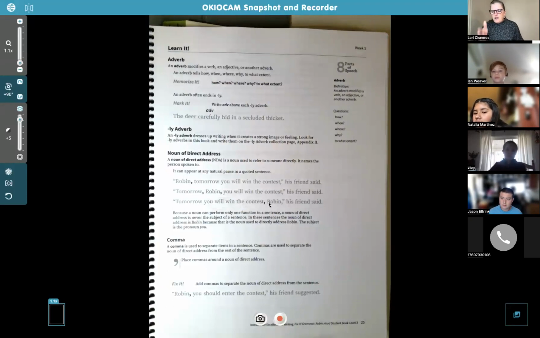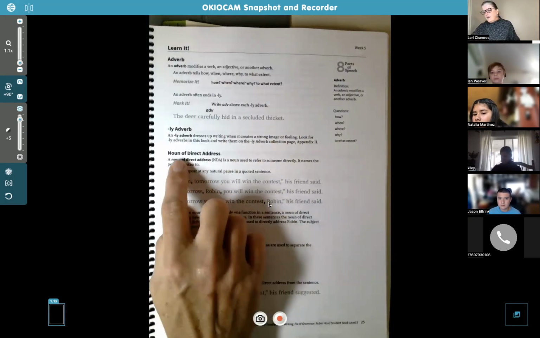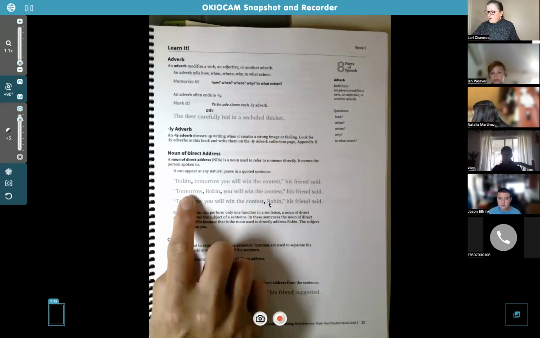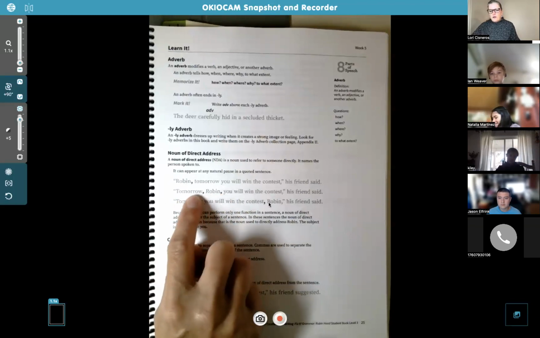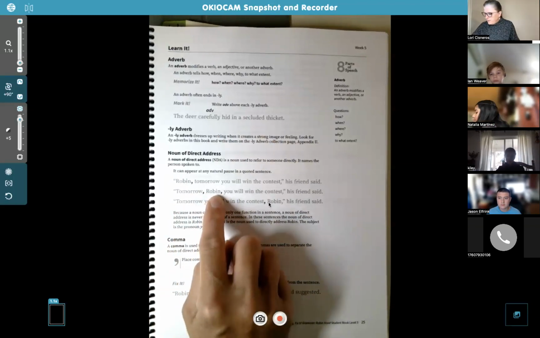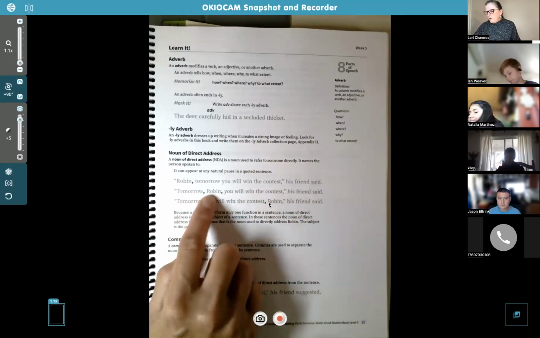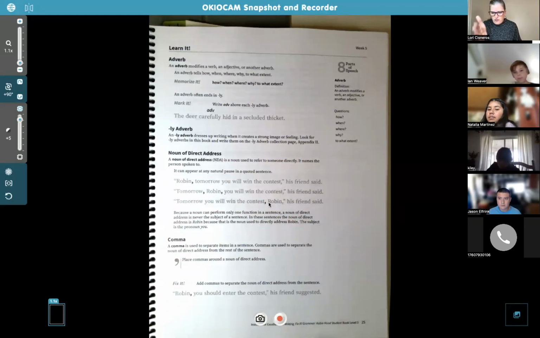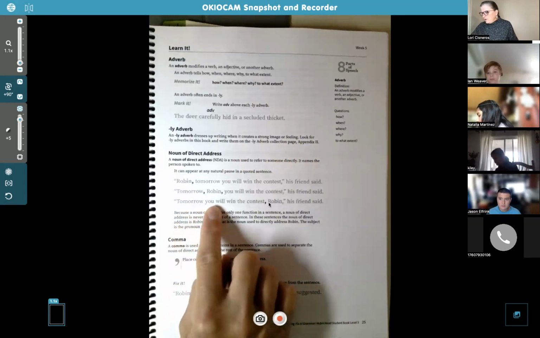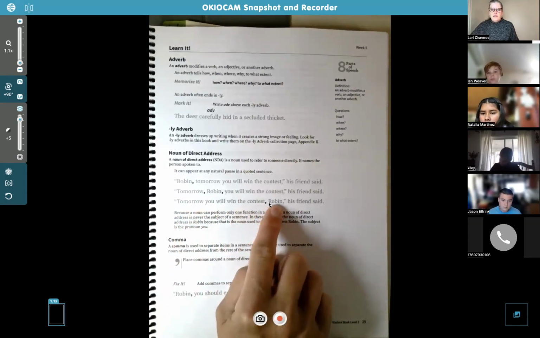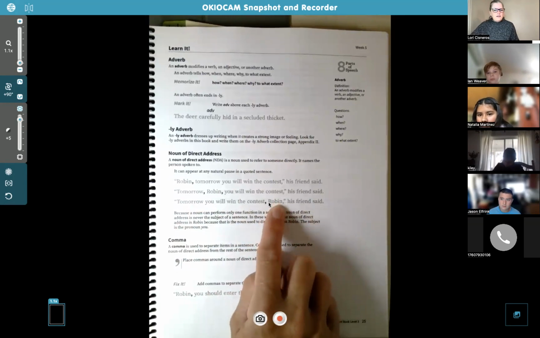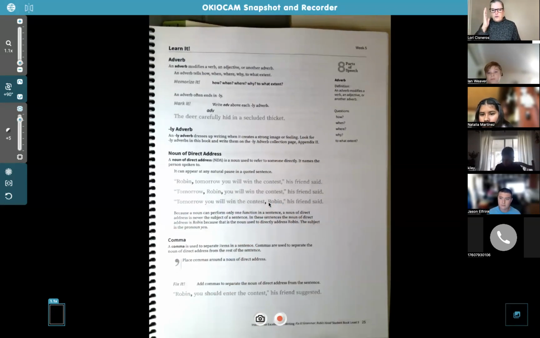If I'm talking to Kylie and I address her, right, I'm speaking directly to her, that's called the noun of direct address. Here, it shows it after this first word here. It says, tomorrow, Robin, you will win the contest, his friend said. So even though it starts with tomorrow, Robin is still the noun of direct address. That's who the person is talking to. Here's another example. Tomorrow you will win the contest, Robin, his friend said. So this one's at the end. Still the same thing. You're speaking directly to that character.